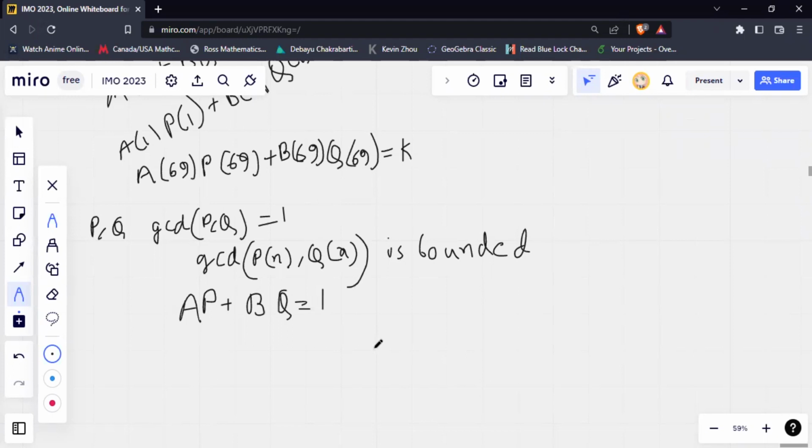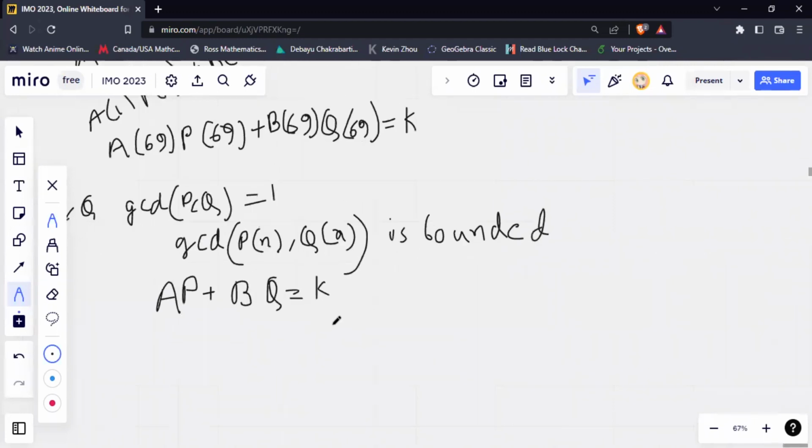If they have rational coefficients, you can multiply by the denominators so that everything is an integer. So you'll have some constant K on the right hand side.